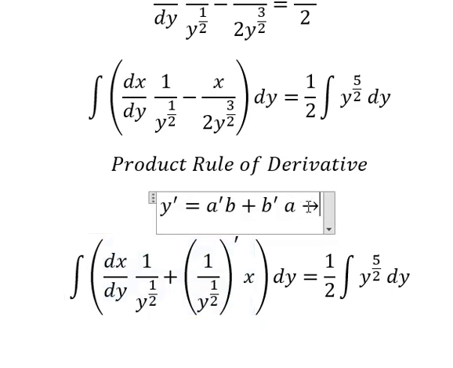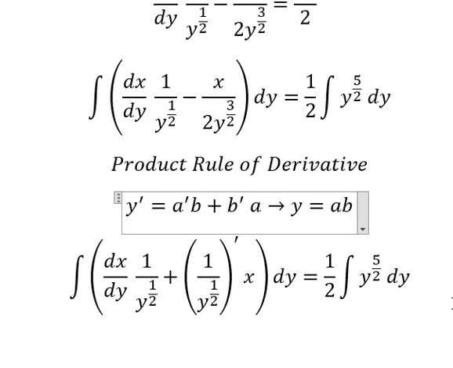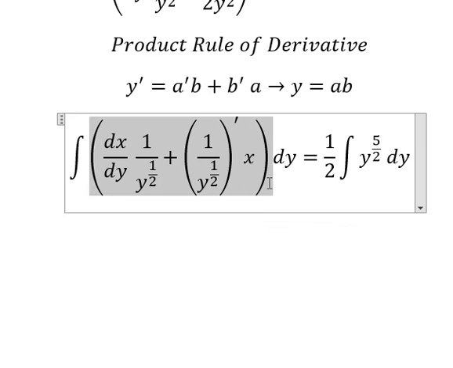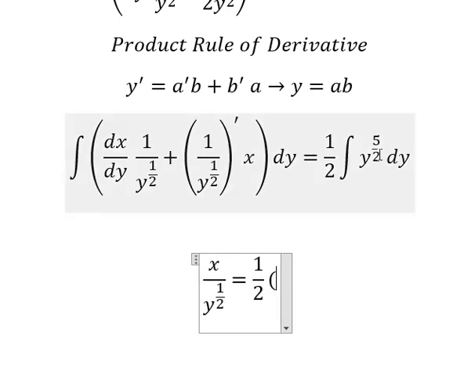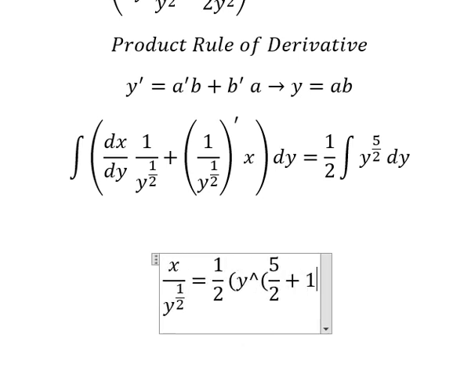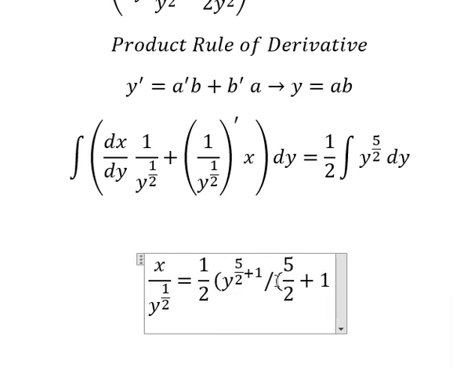So if we do this integration, we have y equals ab. So this one, we have x over y to the power of 1 over 2. The integration of this one, we have y to the power of 5 over 2 plus 1 over 5 over 2 plus 1.